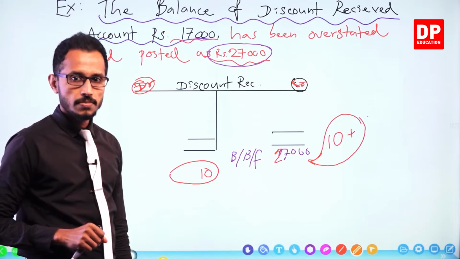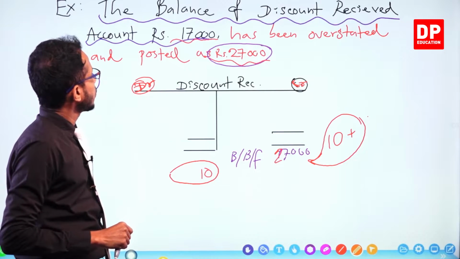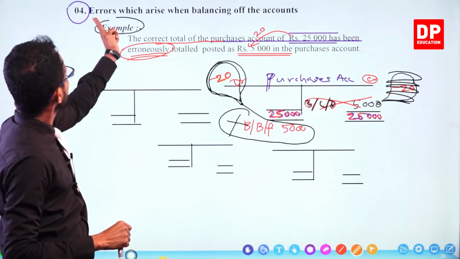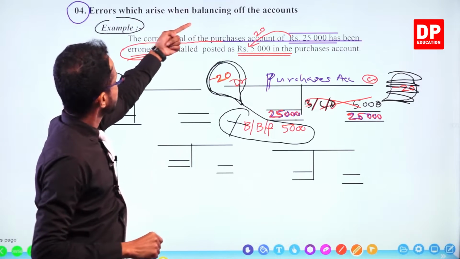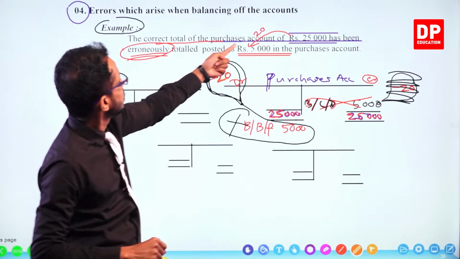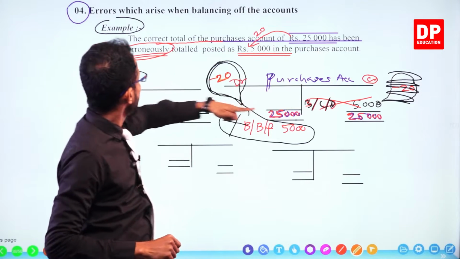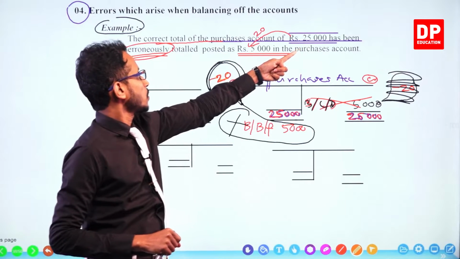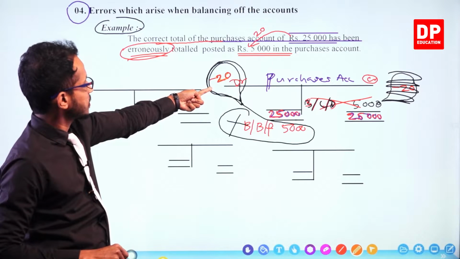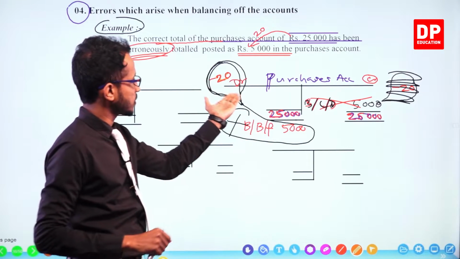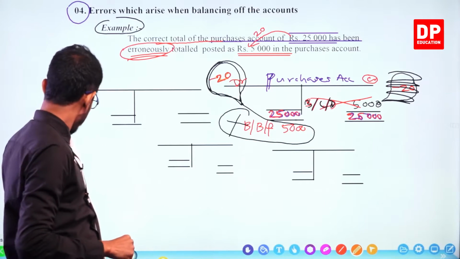All right, children. Well, we did one error which arises when balancing of accounts. This error is purchases account 25,000 has been totaled as 5,000. So 20 is less. We added that 20 to the purchases account in the debit side.